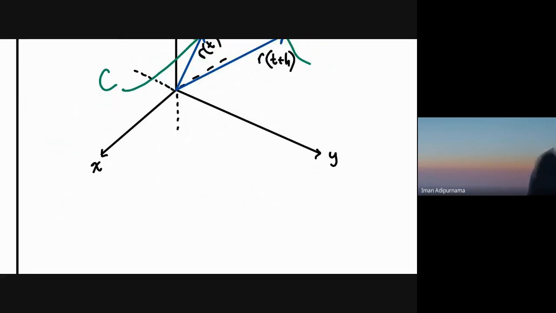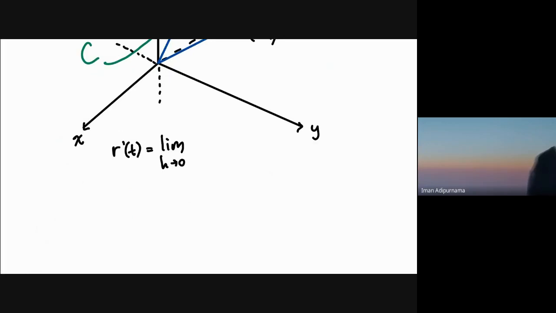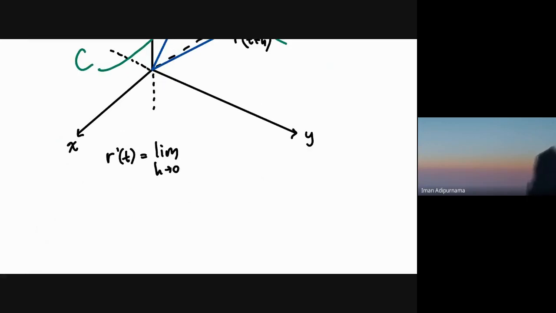Now, if we want to look at the r prime in more detail, let's write down the limit of what we have at the first line.